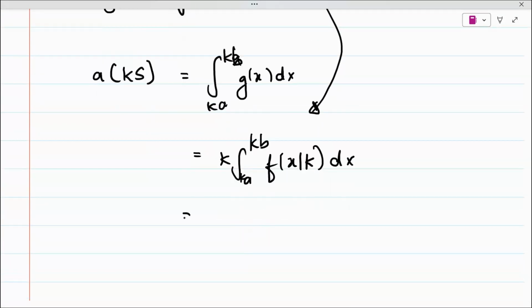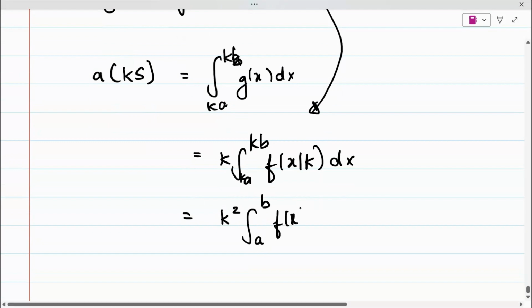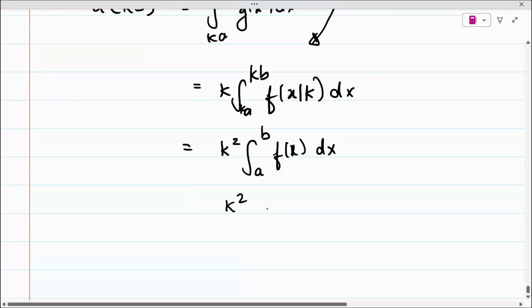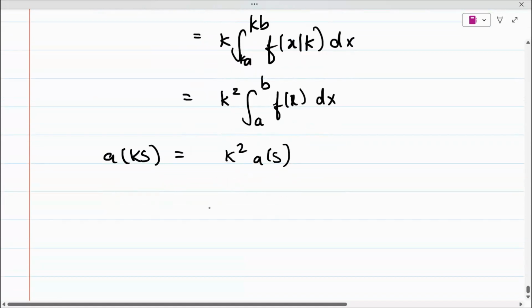Then again, using the expansion and contraction interval theorem, we get this. And this is the area of S. So the area of KS is K times... So the area of the expanded function is equal to K square times the area of the original one.